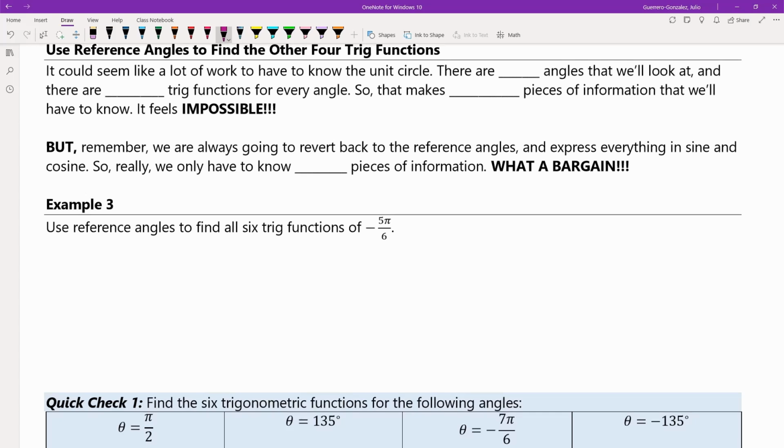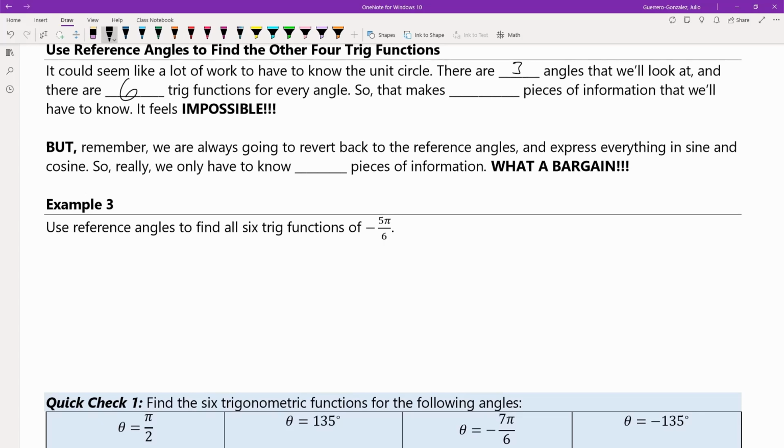Okay. So, there were 3 angles that we have to look at, and each one has 6 trig functions to look at.